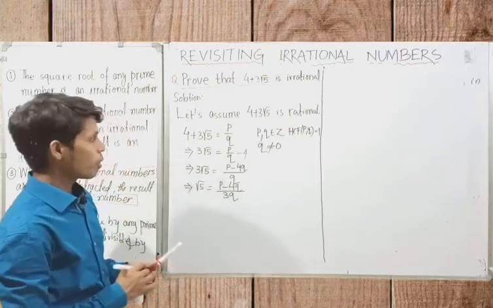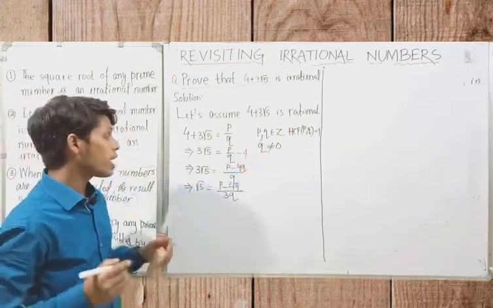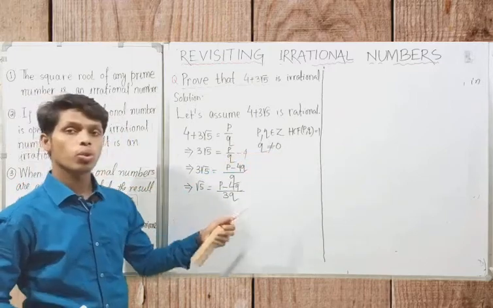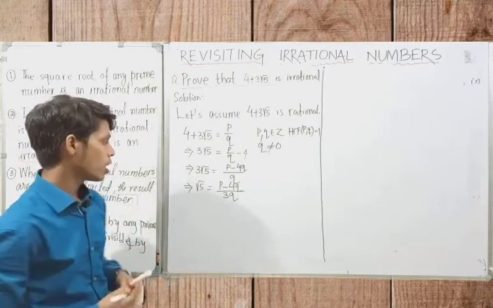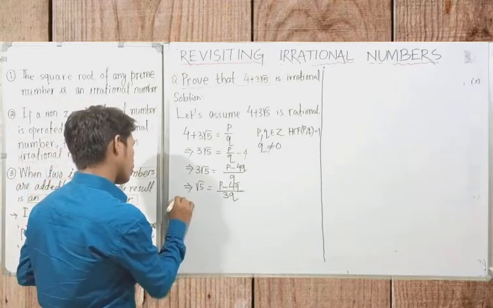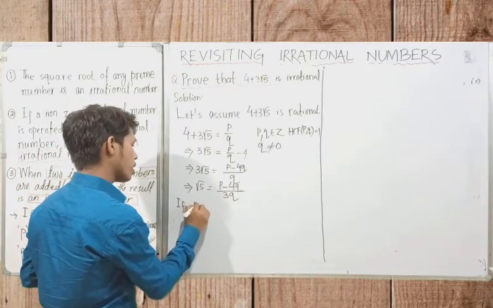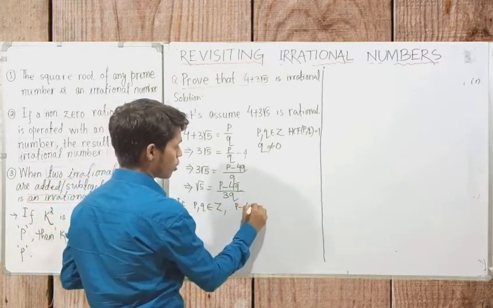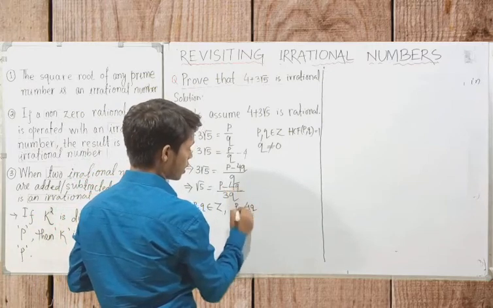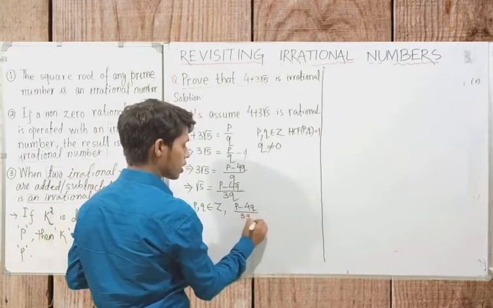Next, we know that P and Q are integers. If P and Q are integers, then P minus 4Q is also an integer. Similarly, 3Q is also an integer. So we'll write that if P, Q belong to integers, then P minus 4Q is an integer, divided by 3Q, which is also an integer.